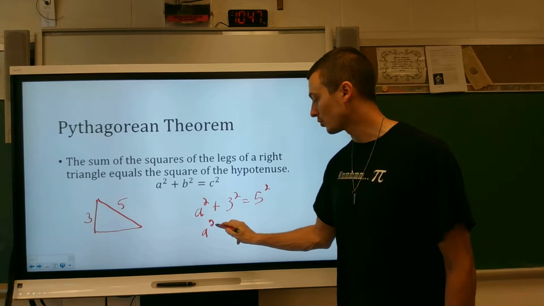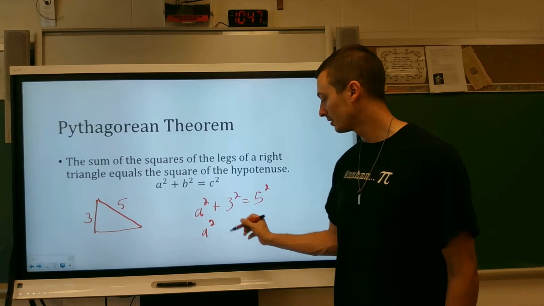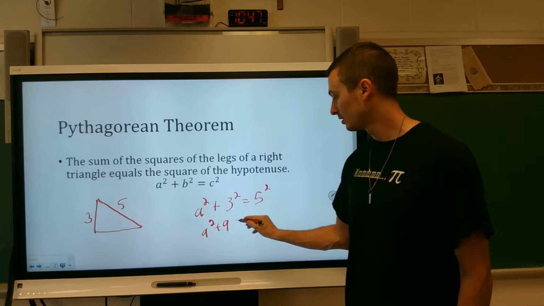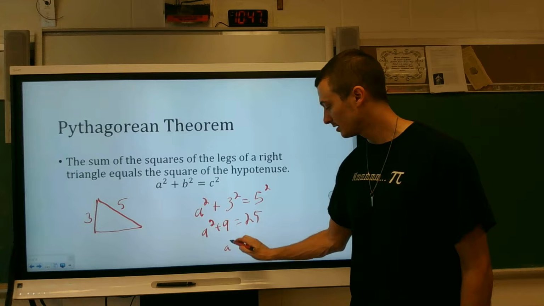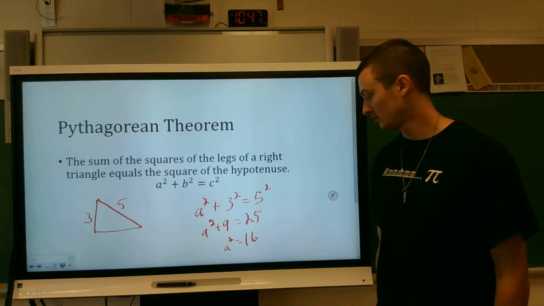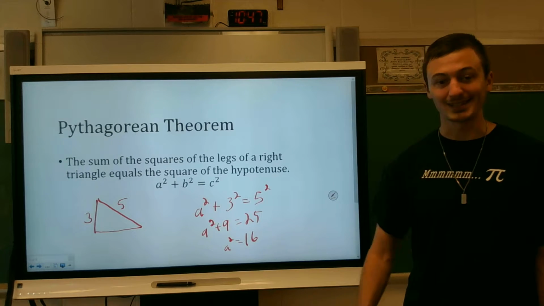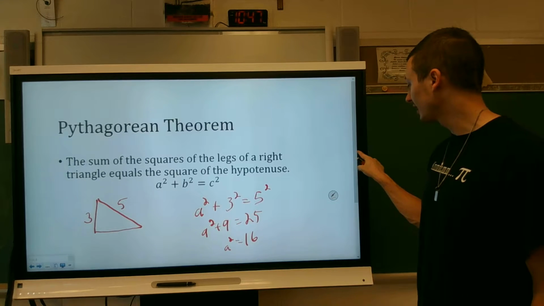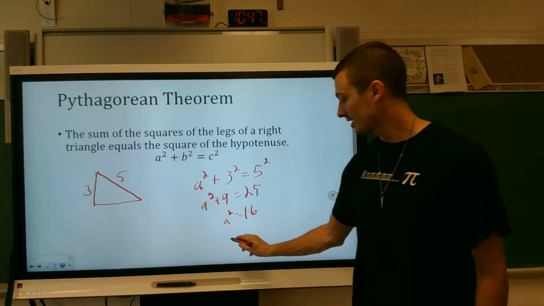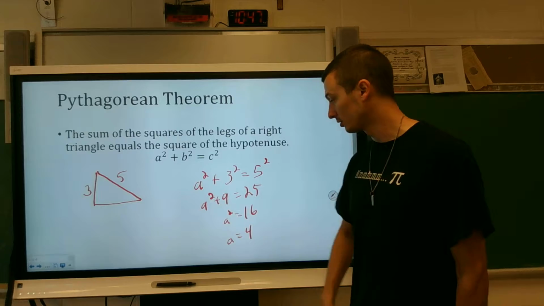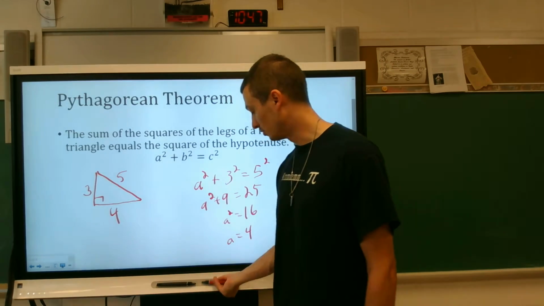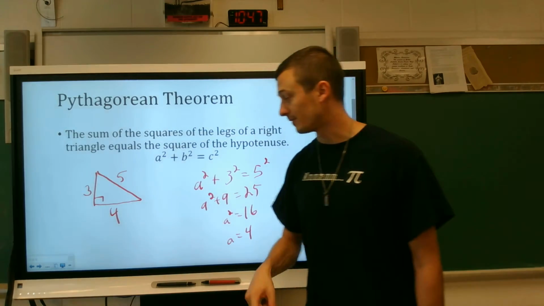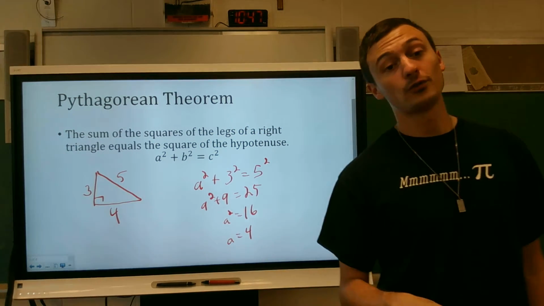So a squared plus 9 equals 25. 25 minus 9 is 16. So a squared equals 16. I can take the square root of both sides and get that a equals 4. So as long as this is a right triangle, if I have a leg of 3 and a hypotenuse of 5, the other leg has a length of 4.